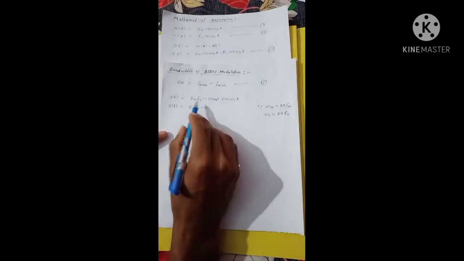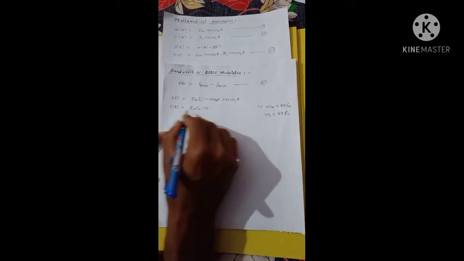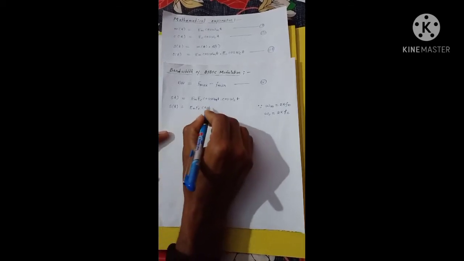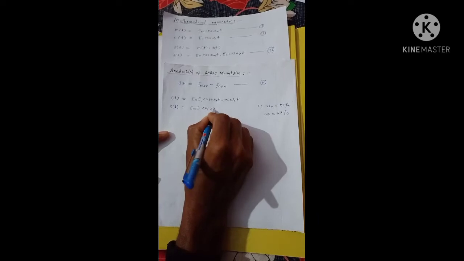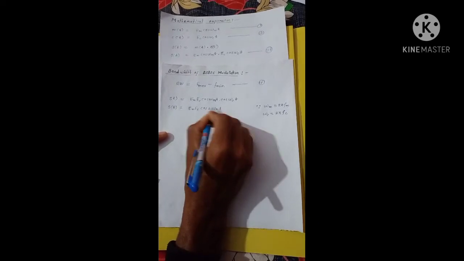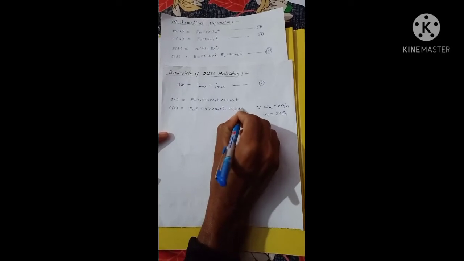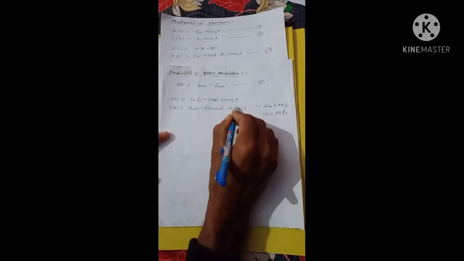So we can write this equation in the form s(t) is equal to Em Ec cos 2 pi fm t into cos 2 pi fc t.